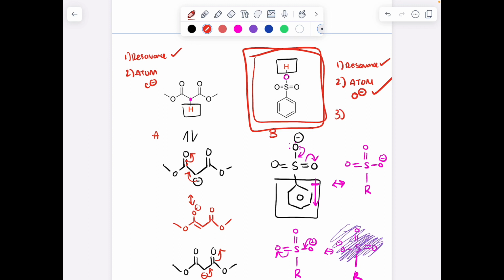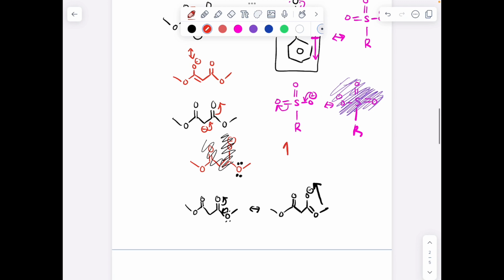And we also have the R group, benzene, is arguably more electron withdrawing. So overall, this increased the stability of the conjugate base. This is going to increase the acidity, aka decrease the pKa.